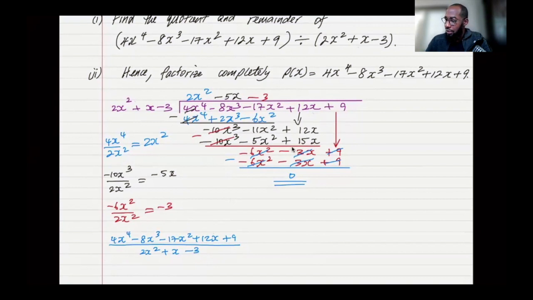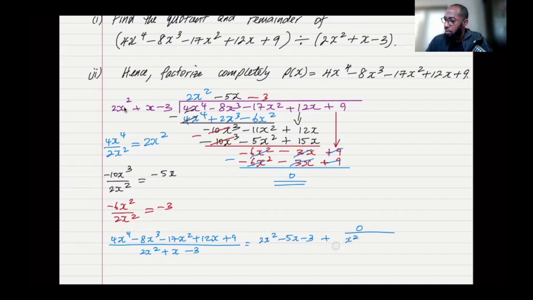And that is equal to, all right, that is equal to, you put this first, 2x squared minus 5x minus 3, plus 0, which is the remainder, divided by this expression here, 2x squared.